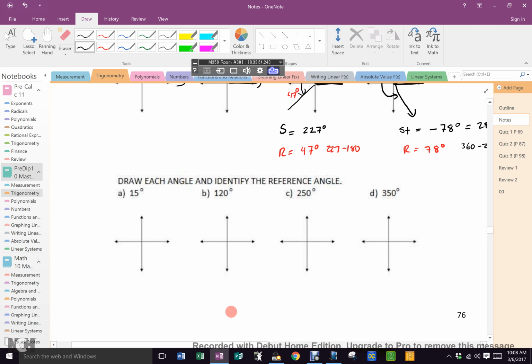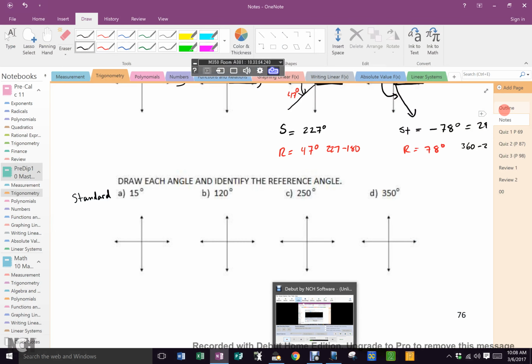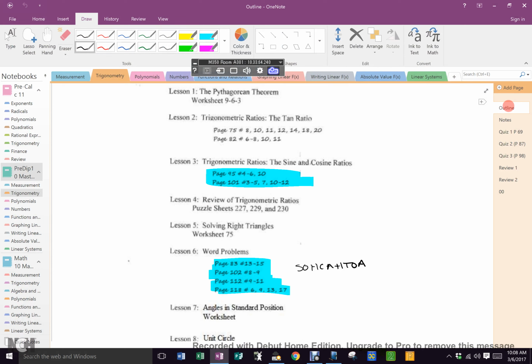So there are 4 standard angles. These guys are all standard. Draw them, and then add in the reference angle. While you guys are drawing them, I'm going to be looking at your outline. Just keep drawing all 4.